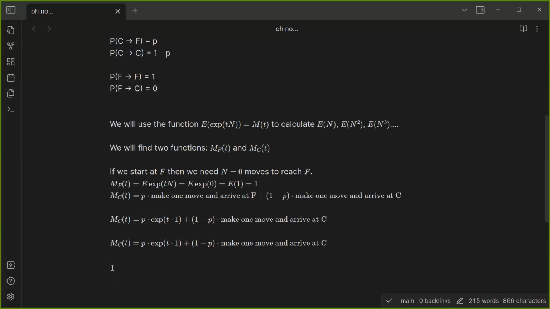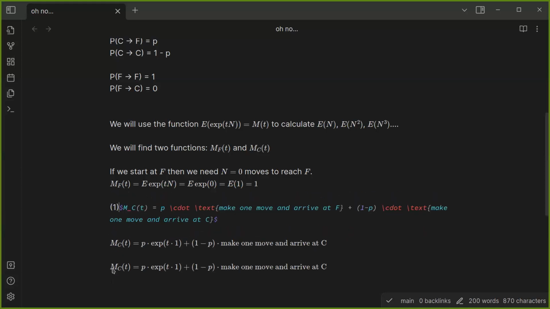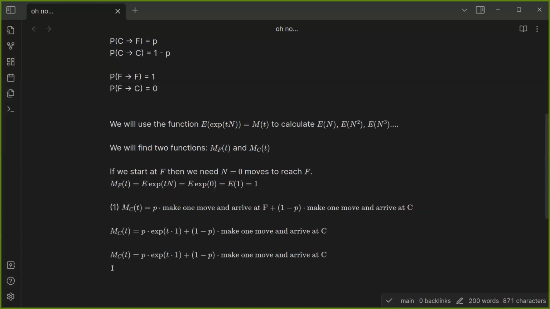Okay, let's redo. The first equation is clear, MC of T. When you start from the node C, you either finish the game in 1 move, or with probability 1 minus P, you go back to the node C. That's the first equation. We start at C, and we have 2 possibilities.